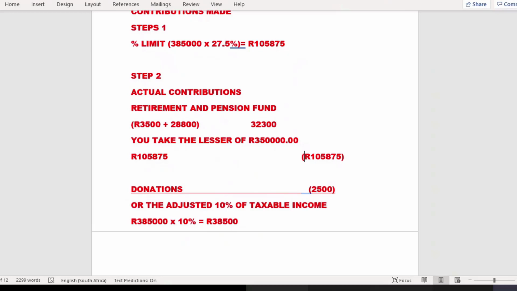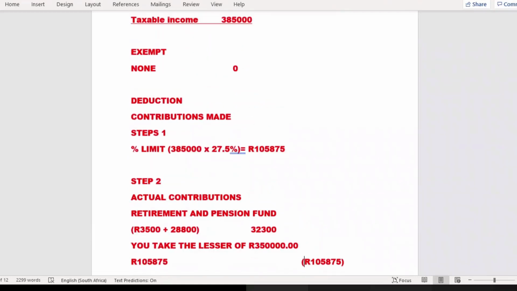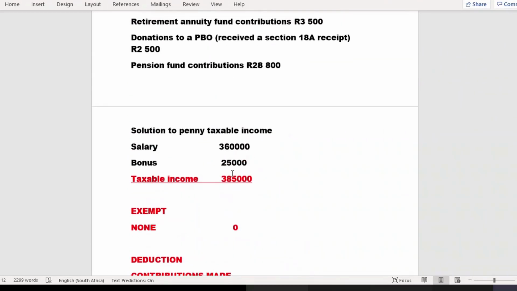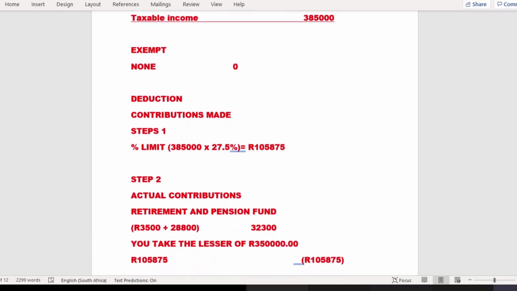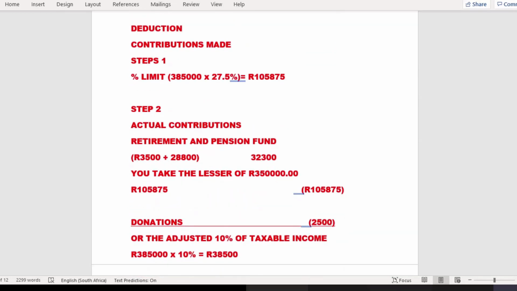Then this is what you're going to do. This is your total taxable. Let's bring it here: 385,000. So you're going to say 385,000 rand minus 105,875.